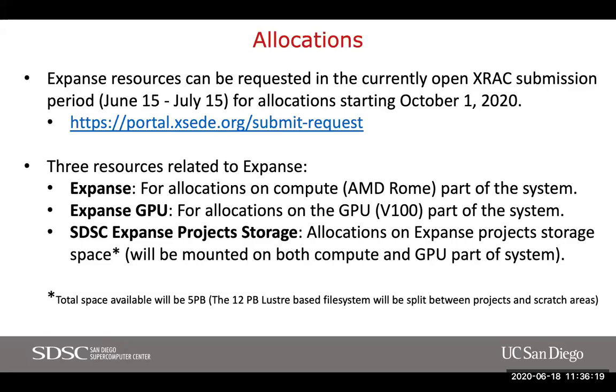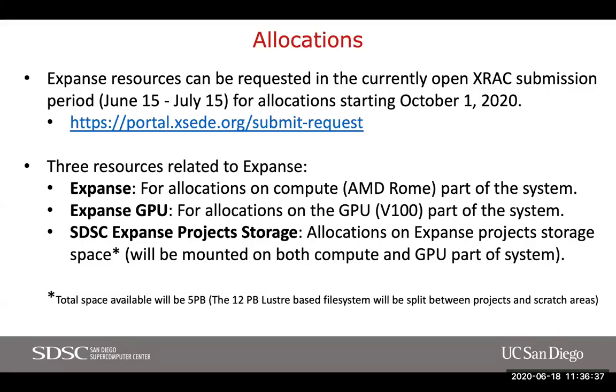The total space we are targeting is around 5 petabytes for this, and remember this is spread out over all the years. This will come out of the 12 petabyte cluster-based file system that we'll split between projects and Scratch.